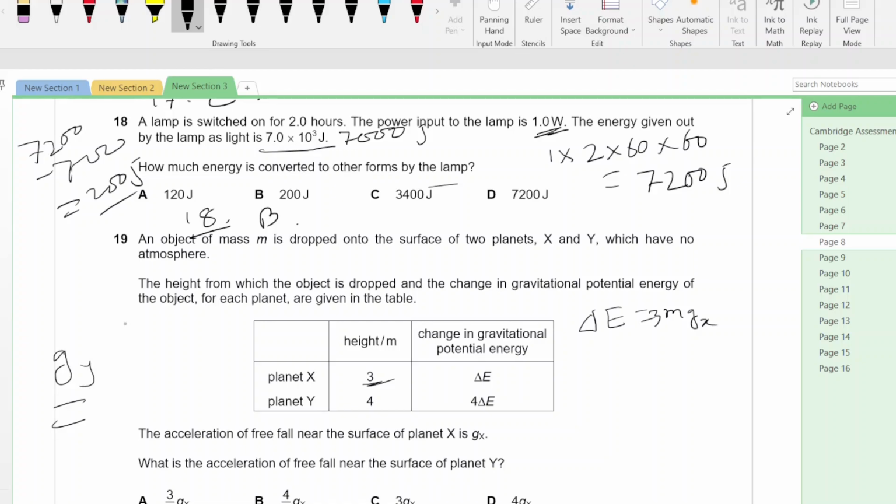Therefore, the change in gravitational potential energy for planet Y is m into 4 into gy.